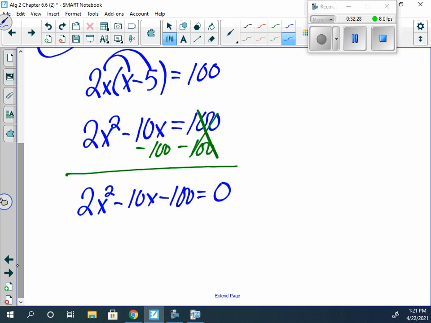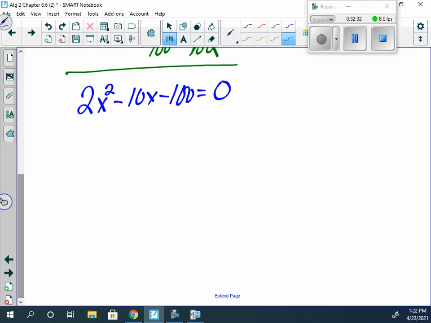Is there a greatest common factor between these 3 terms? 2, yes. 2x squared, negative 10x, and negative 100 are all divisible by 2, yes? I'm going to divide both sides, essentially divide the whole thing by 2.